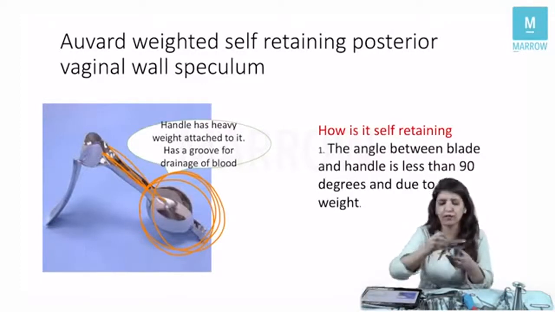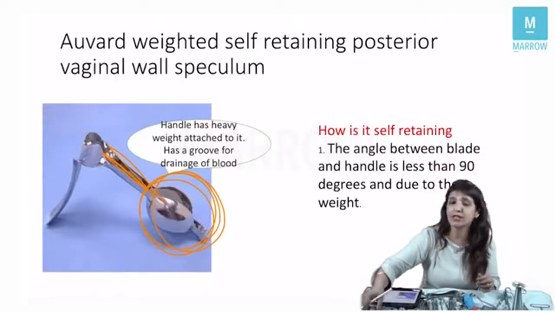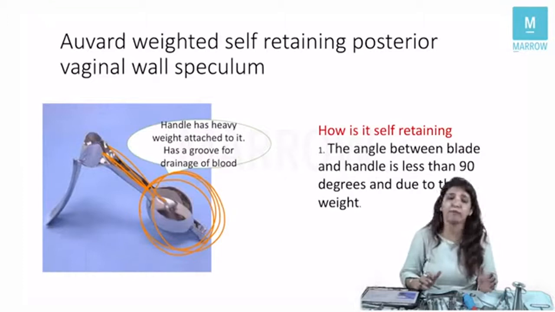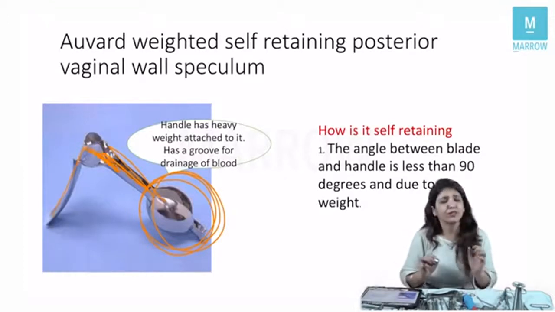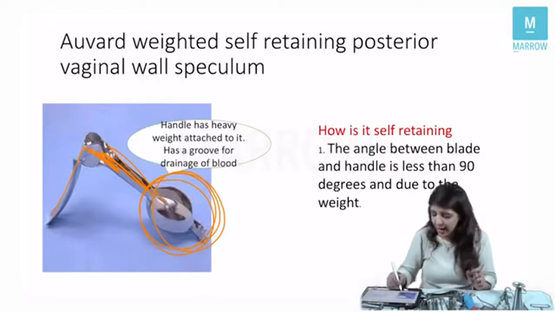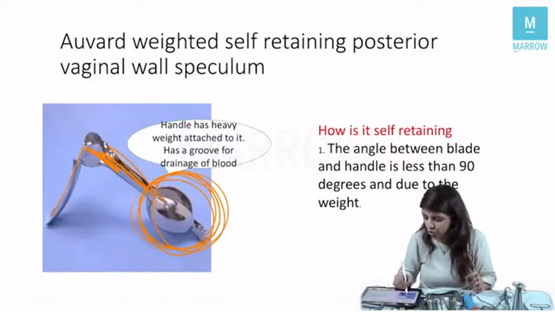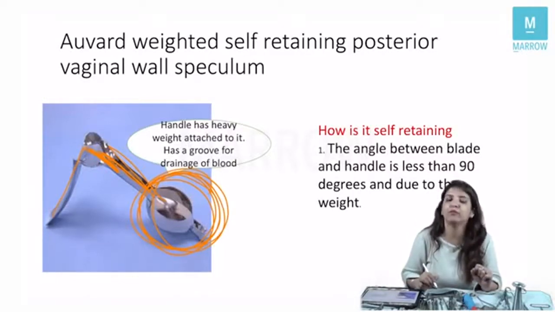Cusco's was self-retaining because it had a screw, but this doesn't have a screw. How is it that it is self-retaining? Number one, because the blade and the handle, the angle which they make is less than 90 degrees, and it has weight attached to it. Both these features make Auvard's speculum a self-retaining speculum.